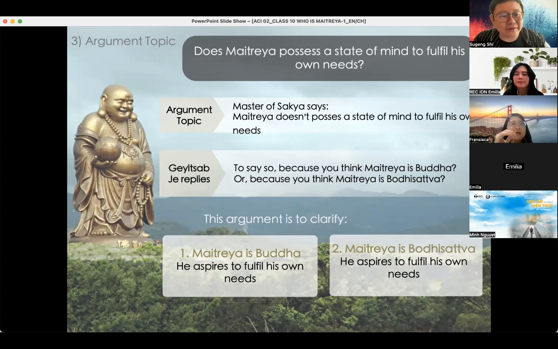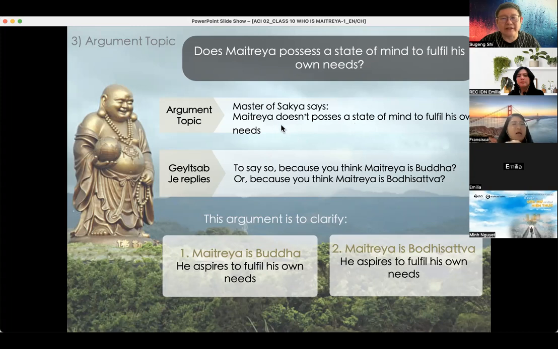The last characteristic is about fulfilling self and others' needs. So the Sakya master says Maitreya doesn't have a state of mind to fulfill his own needs.